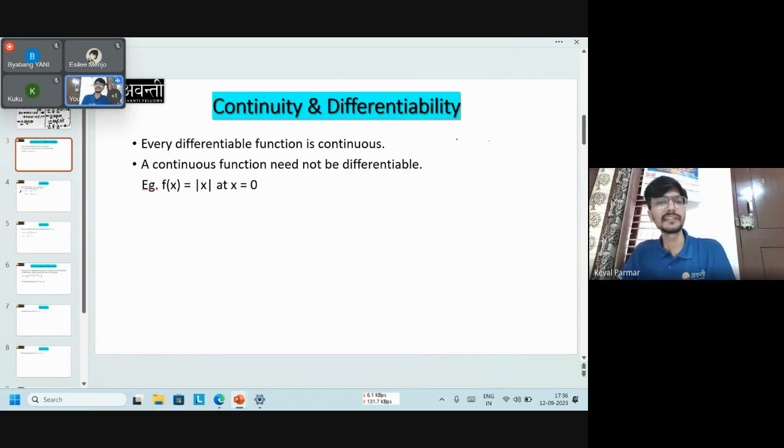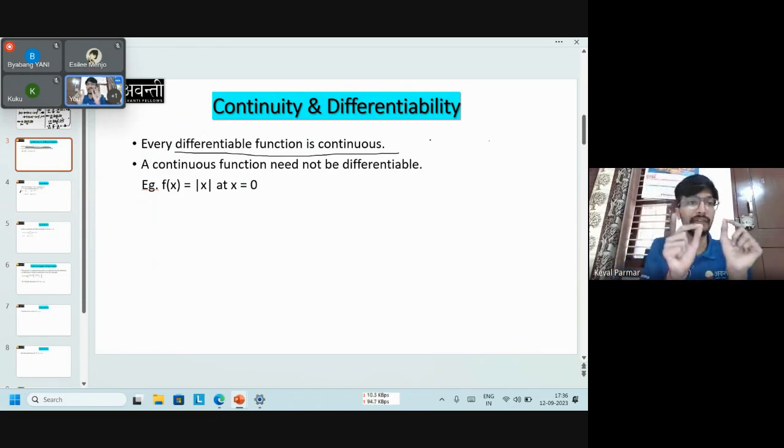So how are continuity and differentiability related? Here it is given: every differentiable function is continuous. That means for a differentiable function, at every point on that function, I can draw a tangent.